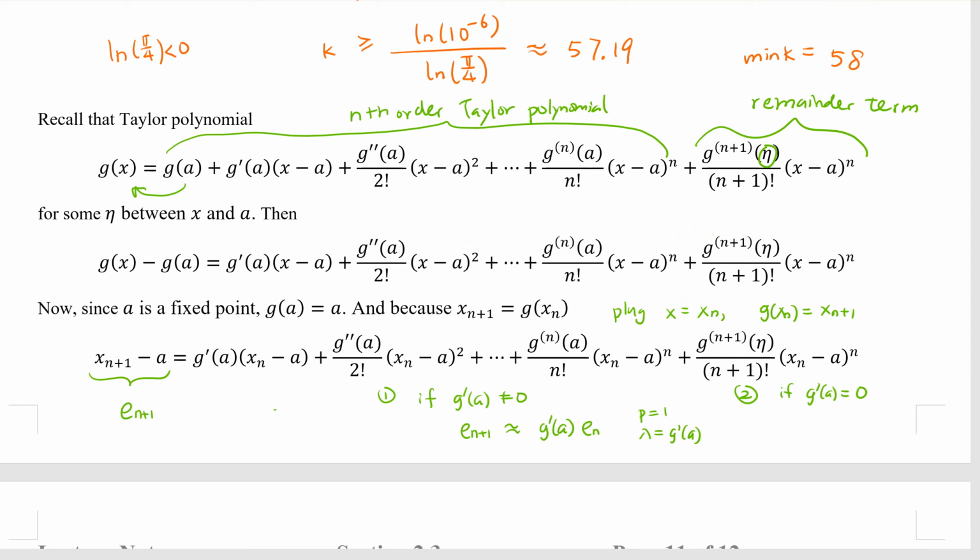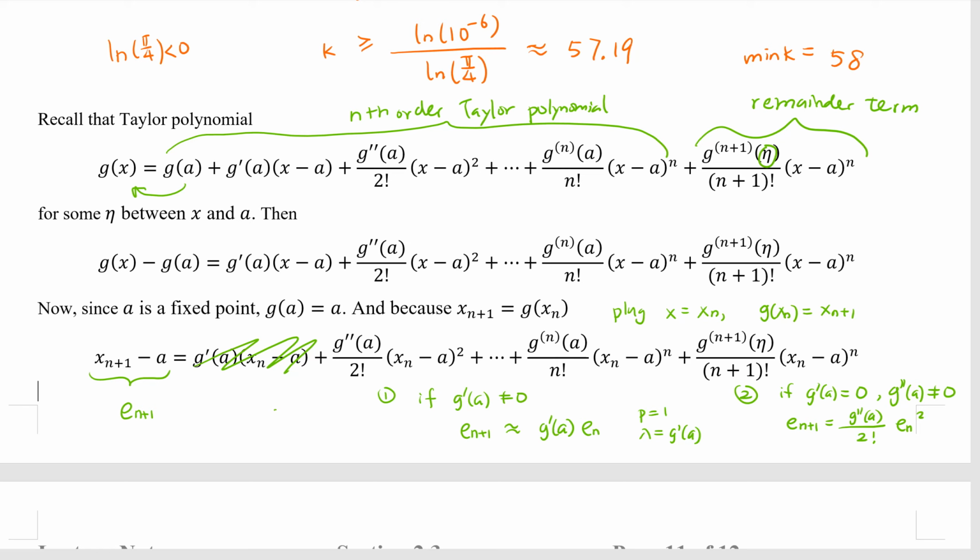So if g prime of a equals 0 and g double prime of a is not 0, that means the first term is gone. Then we get e sub n plus 1 equals g double prime of a over 2 factorial times en squared.